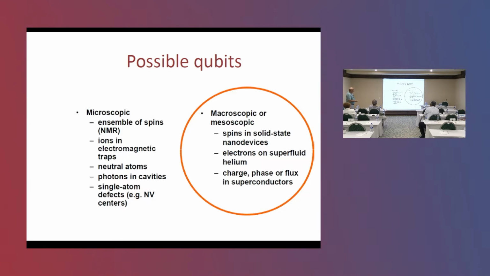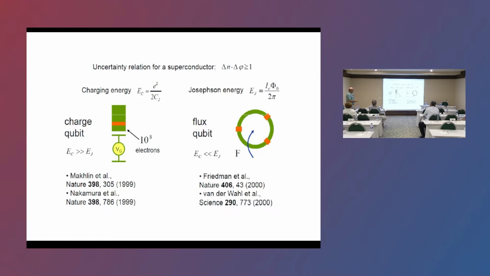In our case, we study the charge energy and the Josephson energy, and the ratio of these two energies is an important parameter in the study of dynamics. If the Coulomb energy is higher than the Josephson energy, here we have charge behavior, and inside small Josephson junctions, Coulomb blockade and related phenomena are possible.